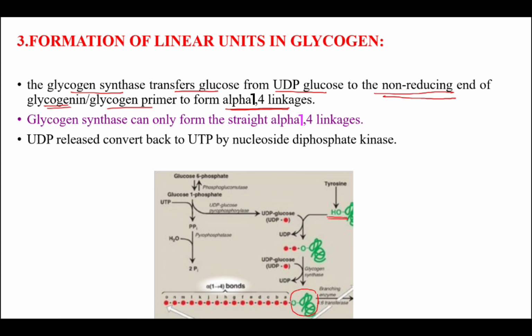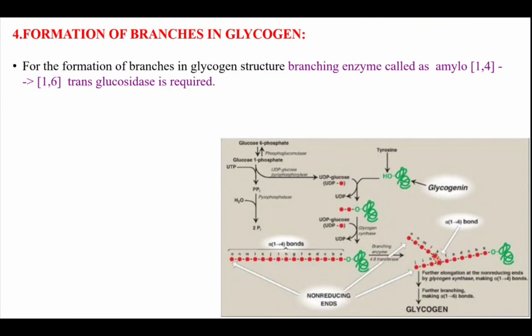To the non-reducing end, the glucose molecules keep on getting attached, and the linkages formed in the linear molecule are alpha 1,4 linkages. Glycogen synthase is the enzyme that can only form straight alpha 1,4 linkages, and once glucose is attached to the glycogenin, the UDP is released and converted to UTP by nucleoside diphosphate kinase.